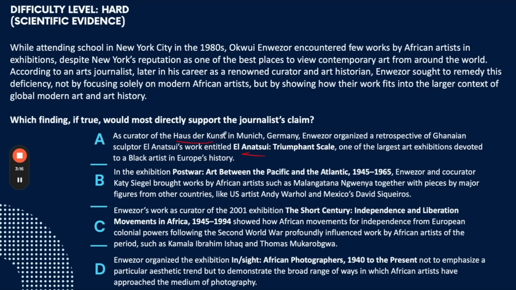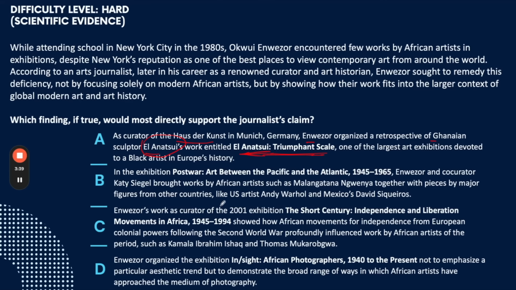Just understand what they are and move on. So as curator in Munich, OE organized a retrospective of a sculptor's work entitled this. This was the name of the work, right? And whose work was it? This person's work, right?